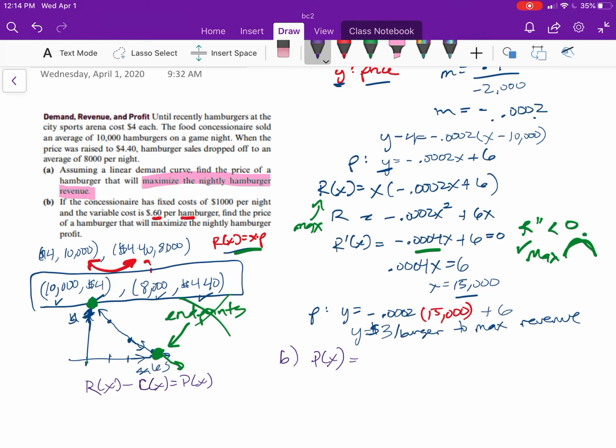So the revenue we had above, the negative 0.0002x squared plus 6x, take away this cost. So 1,000 per night and 60 cents for every burger, right? 60 cents times x. This here is the cost, this here is the revenue.